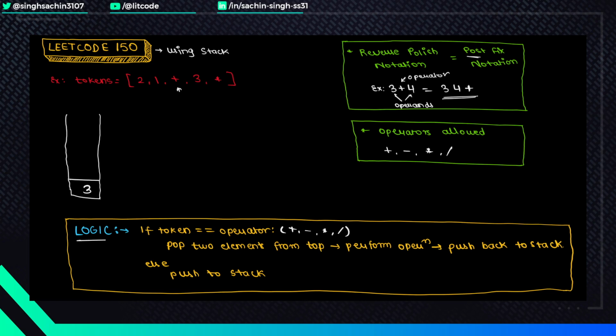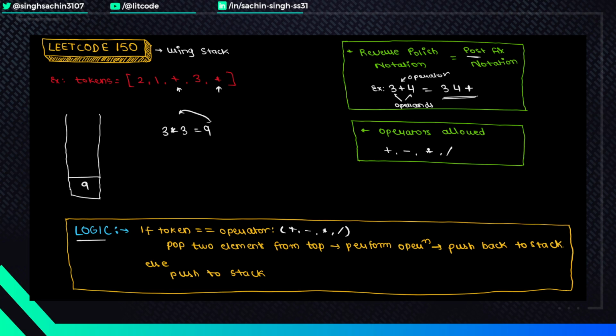Now we have 3. We will push 3 in the stack. Now again we got an operator, which is star. So we will pop 2 elements from the stack, which will be 3 into 3, which ends up 9. And we will push this back. When we popped the elements, the stack got empty, and we push this back.